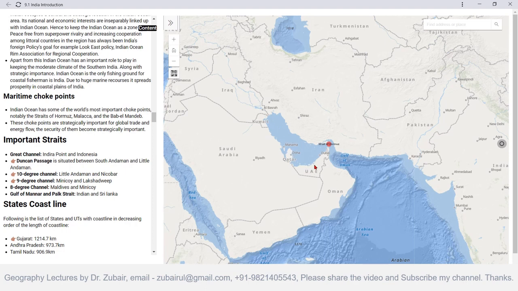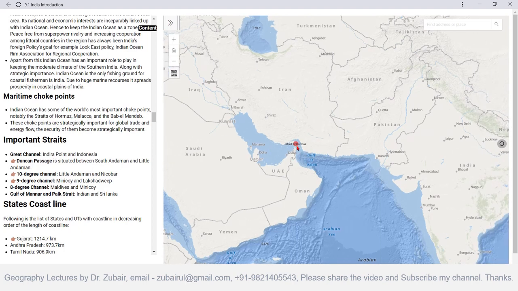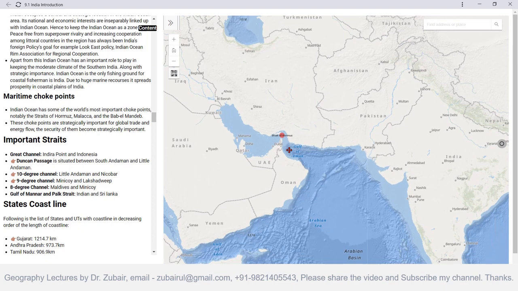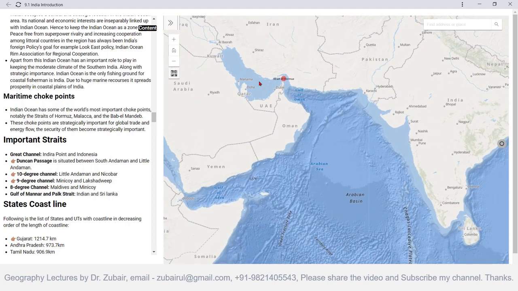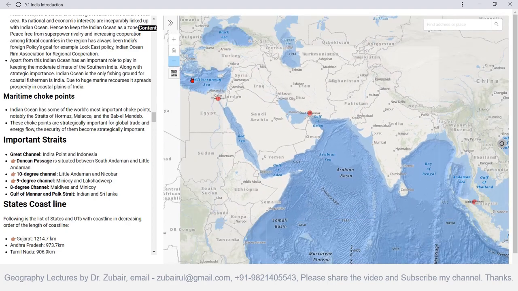Here the United Arab Emirates, then Qatar, then Kuwait, then Saudi Arabia, then Iran also, all these ships are moving through the Strait of Hormuz. So this is a strategic location. And sometimes Iran gives a threat that Iran can stop the Strait of Hormuz under political pressure.